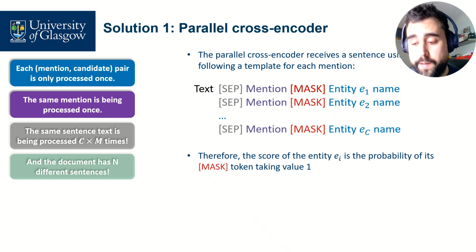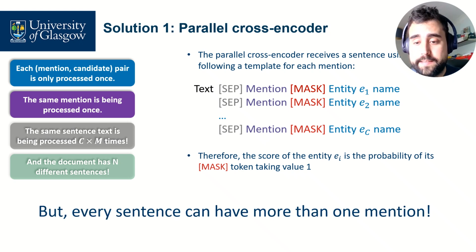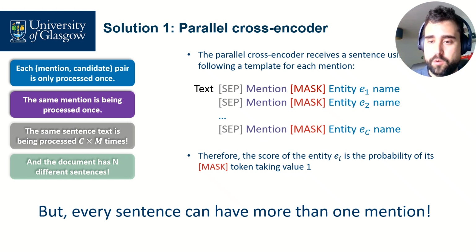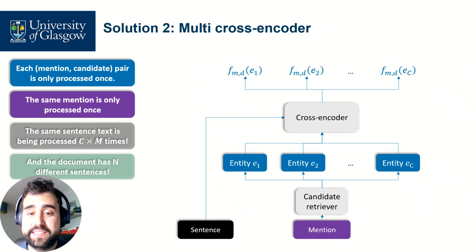But could we do better? Well, we've said that every sentence can have more than one mention, so definitely yes. Let's see how that works. How can we do that? Well, the thing is that we are going to do a similar trick.